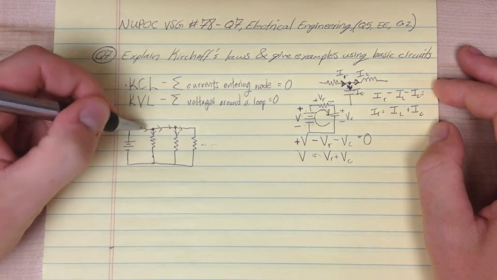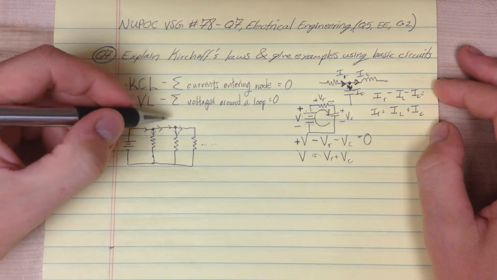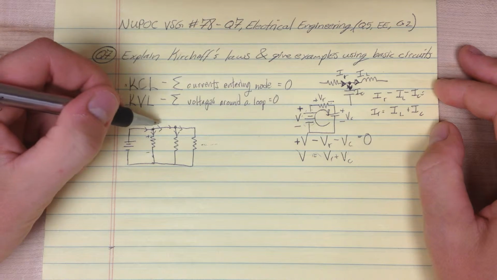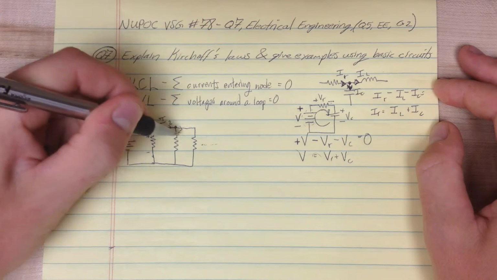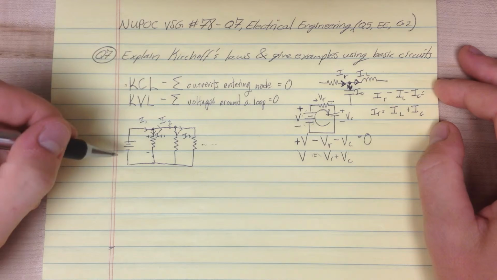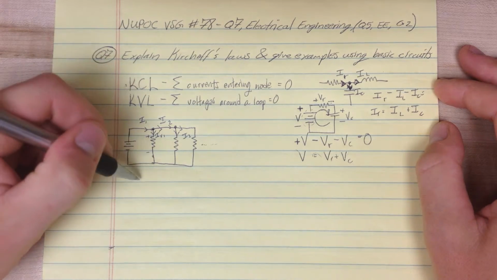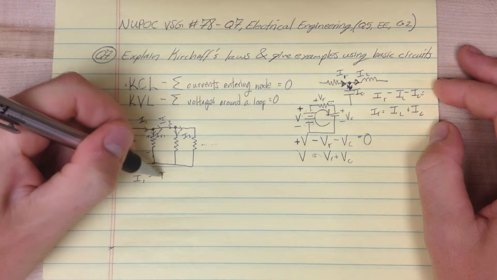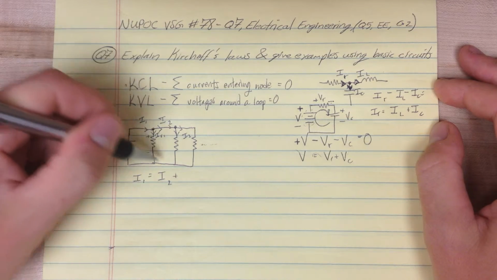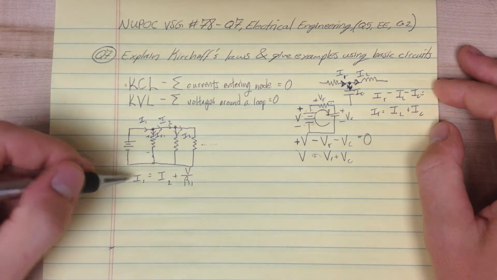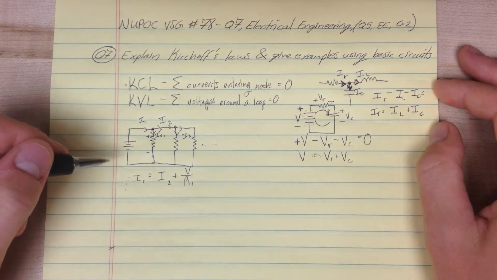So I might say, if this is I1, and this is I2, and I3, and maybe this is IR1, I could start writing equations like I1 equals I2 plus IR1, which is just V over R1. And then I could keep doing my analysis from there.